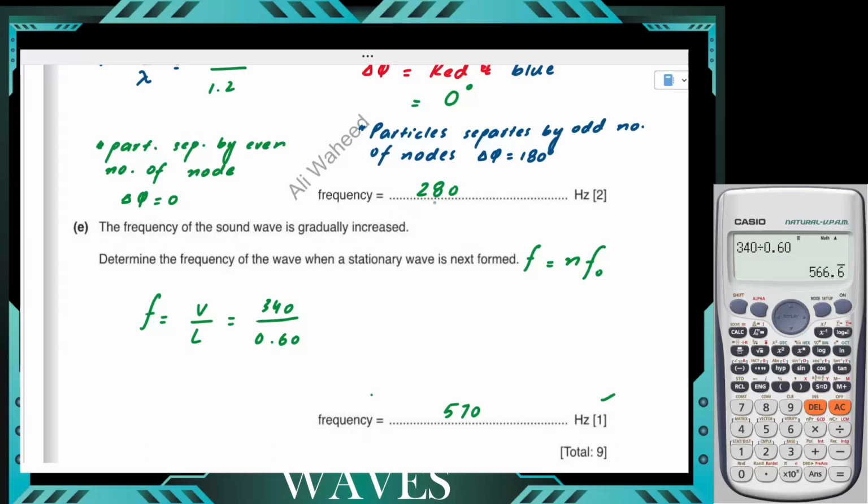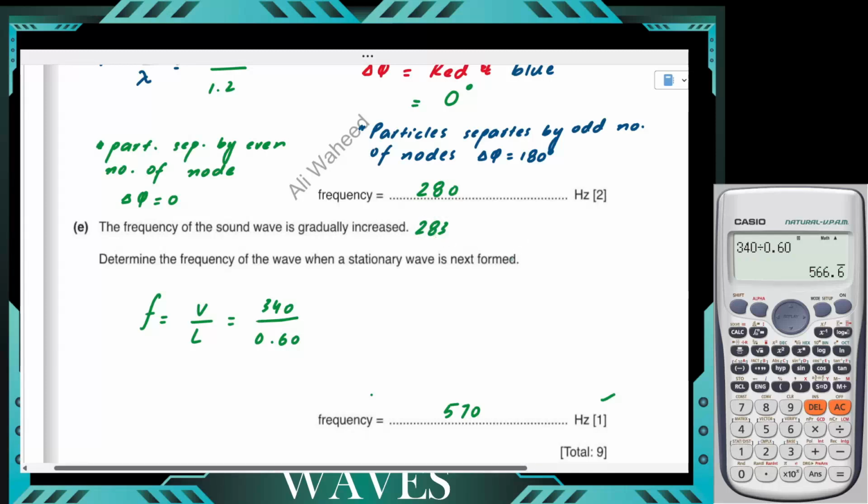Since we rounded off the earlier answer to 2 SF, it was 283 something. If you use the actual value and then round off, you'll get 570, not 560. If you just carry forward the rounded one, then you get 560, and 560 is also acceptable. But the actual value for this one was 283 something.